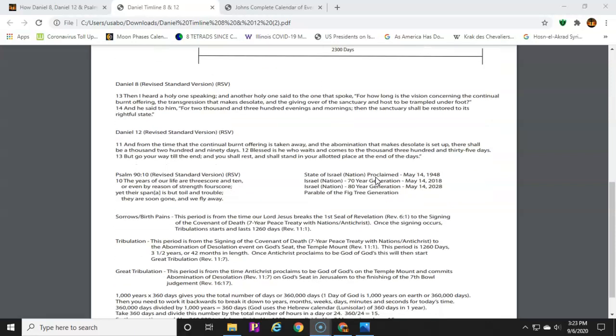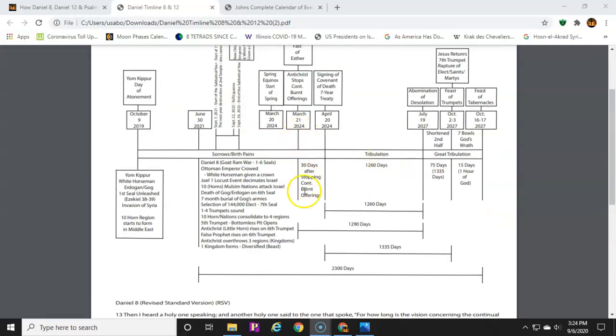And if you look at the 1290 days, he tells us clearly, from the time the continual burnt offerings are taken away to the time that the abomination of desolation is set up, there will be 1,290 days. And so he stops these sacrifices 30 days prior to the signing, because it stops on abomination.